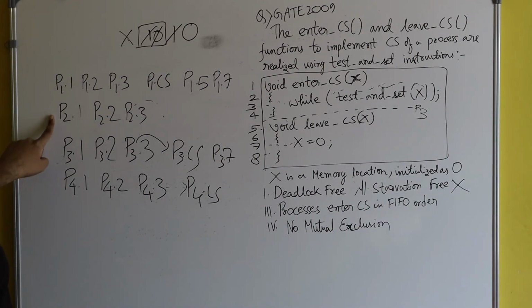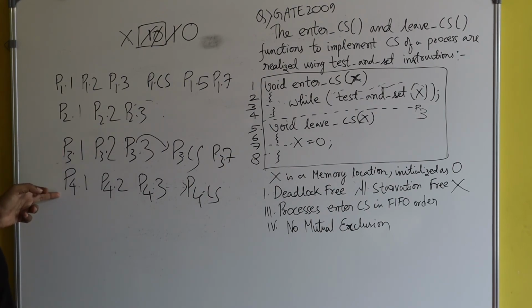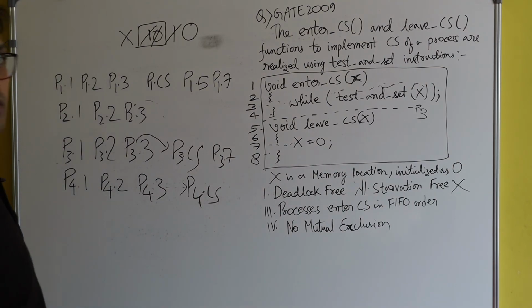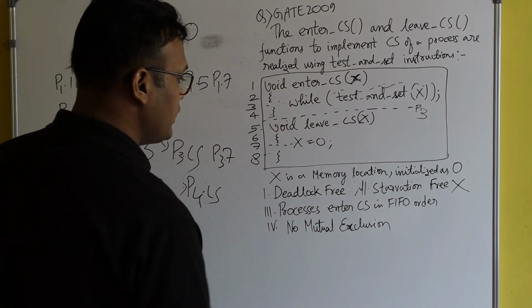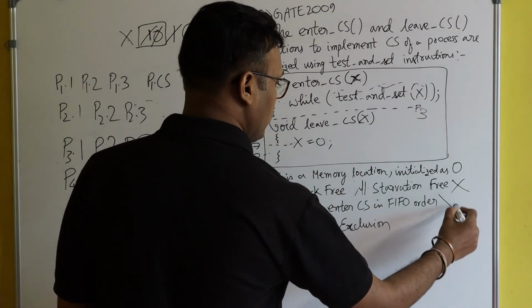After that P2 will get the chance to enter the critical section. After that P3 will get the chance. After that P4 will get the chance. But here what's happening? Here P3 and P4 came after P2, and P3 and P4 entered the critical section, and still P2 is waiting. Okay, so there is no first out order. So this statement is also false.